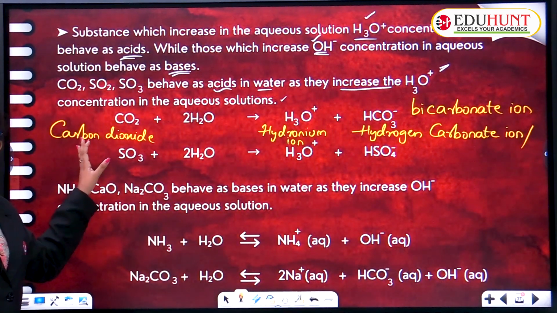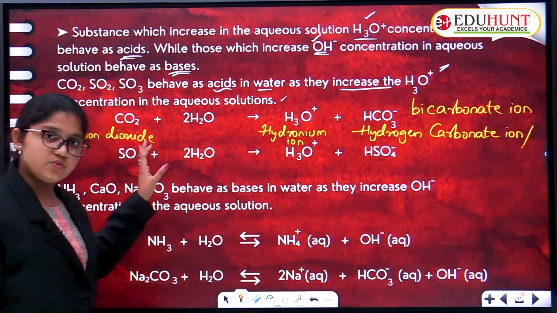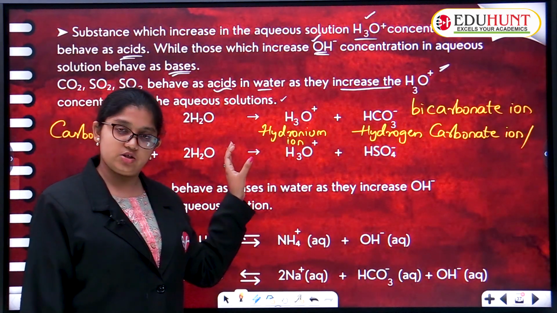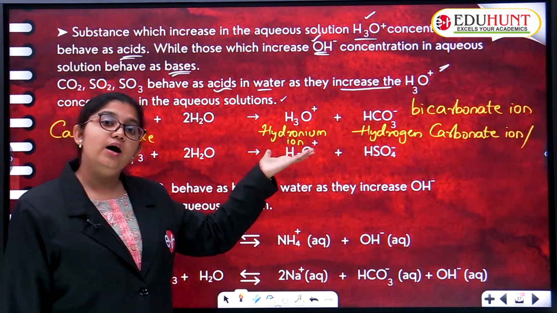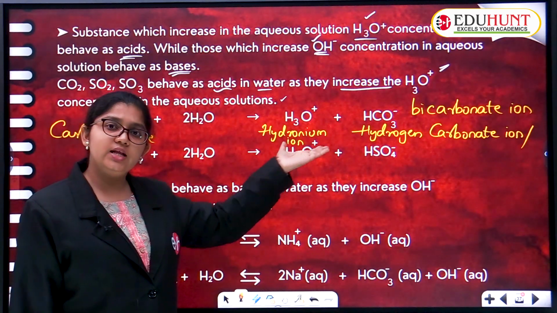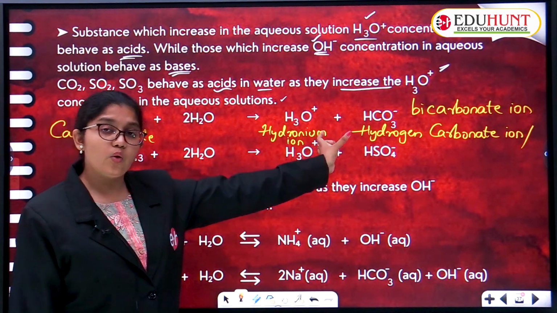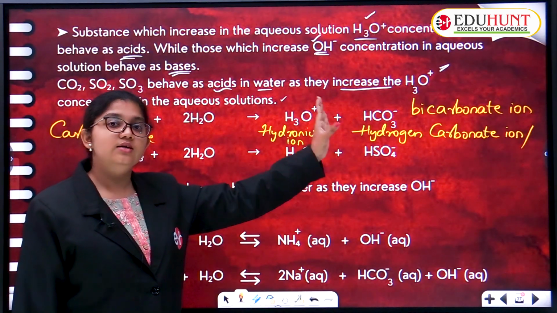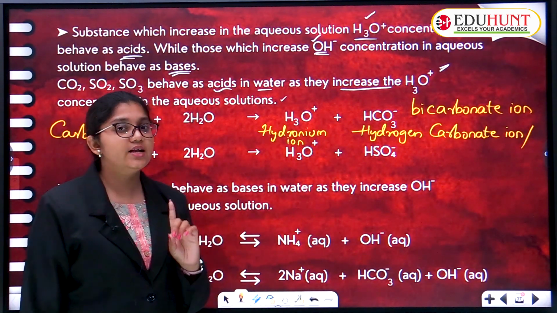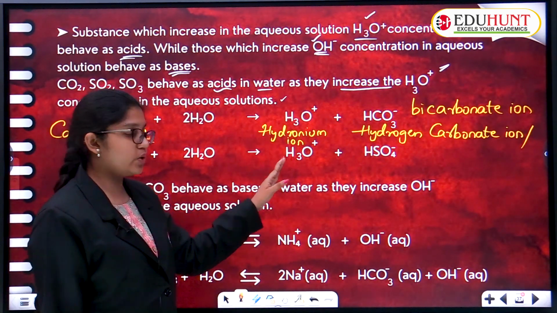See, first we are taking CO2 and adding two molecules of water. So it is giving H3O plus ions more, but there is no liberation of OH minus here. Did you observe? Is there any OH minus? No. So there is only liberation of H3O plus, which means it is a hydronium ion.